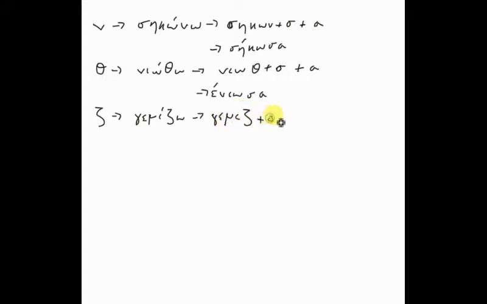Yemiz plus your aorist marker, your first aorist marker, plus a as your first person singular ending. Yemi, the zeta disappears, the sigma remains. Alpha is short, accent goes on the antepenult. Γέμισα, I filled.